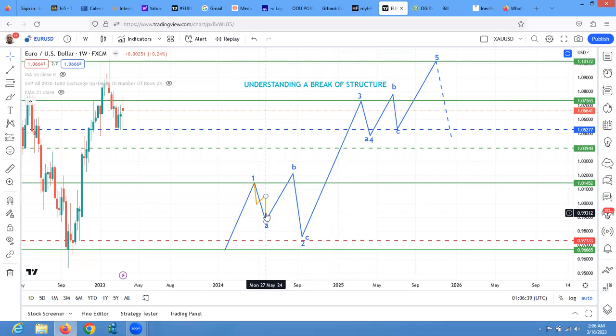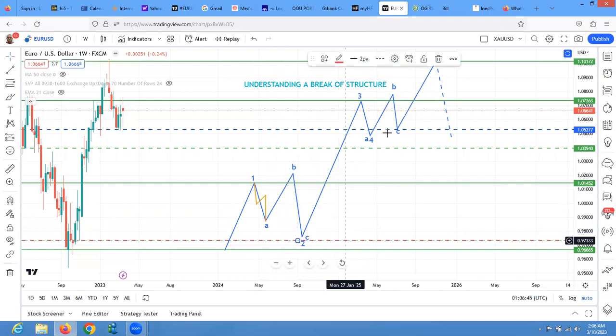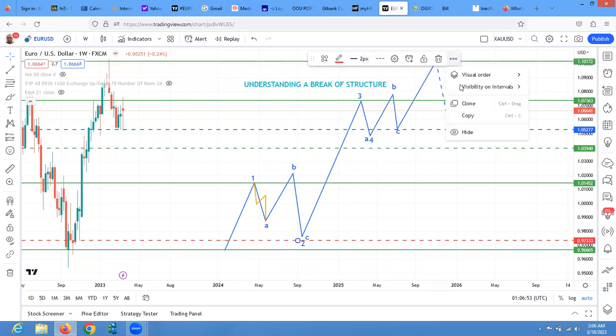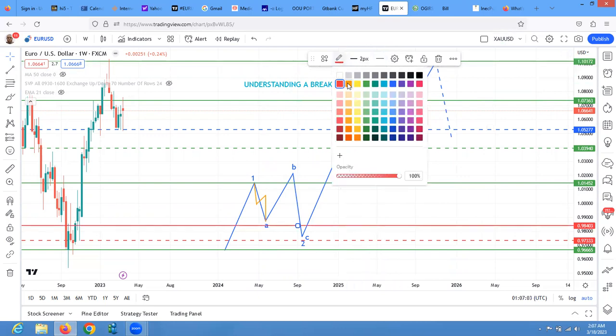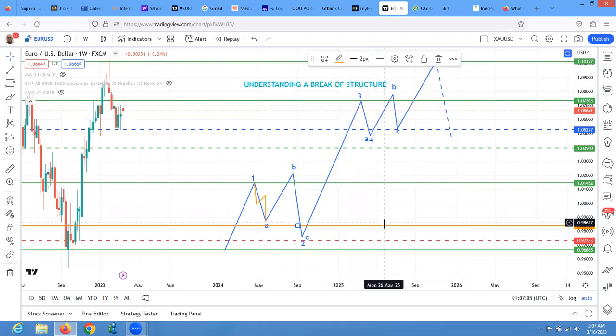This one coming down to this point to form A, and I'll be doing something for you to really understand some things now. Oh no, I don't want to do that. I just want to clone that and change these. Now, this is the limit of the correction of A.